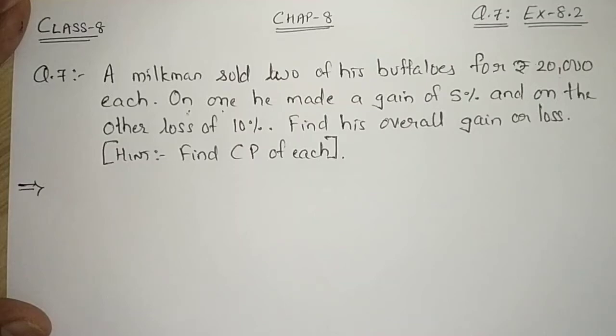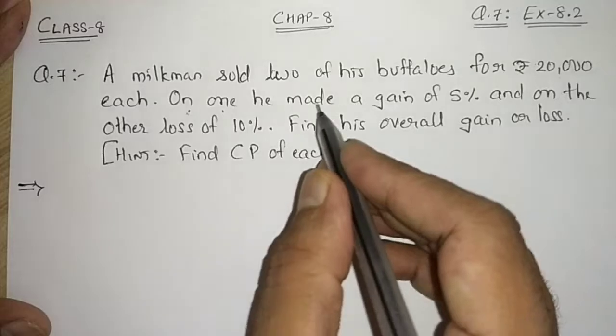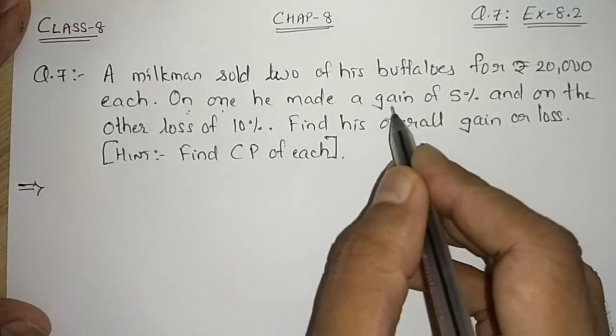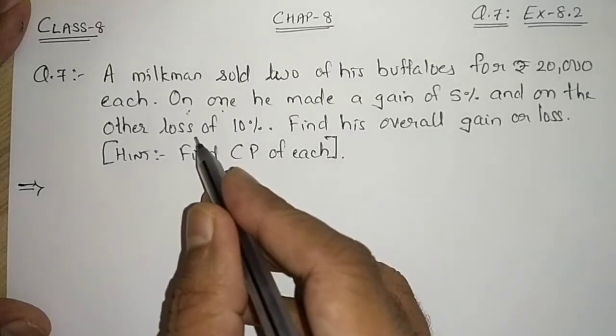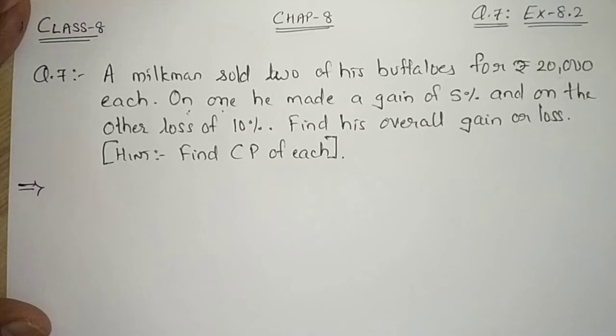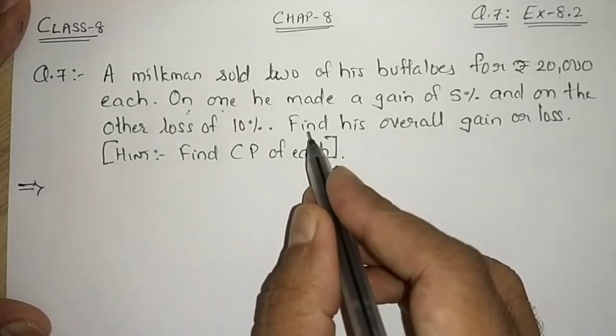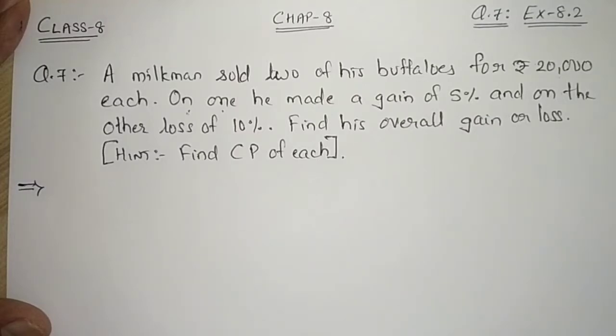Now when he sold 2 buffaloes, on one of the buffaloes he got the profit, gain means profit, of 5%, and on the other one he got the loss of 10%. Next is find his overall gain or loss. What we have to find?